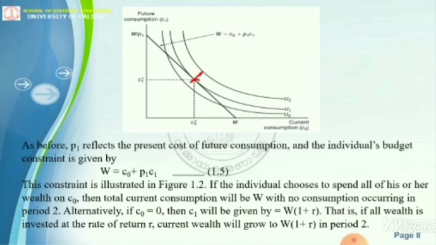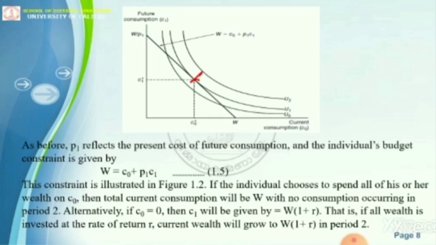This constraint is illustrated in figure 1.2, that is the above picture. If the individual chooses to spend all of his or her wealth on C0, then total current consumption will be W with no consumption occurring in period 2. Alternatively, if C0 is equal to 0, that means the present consumption is 0, then C1 will be given by W times 1 plus R.